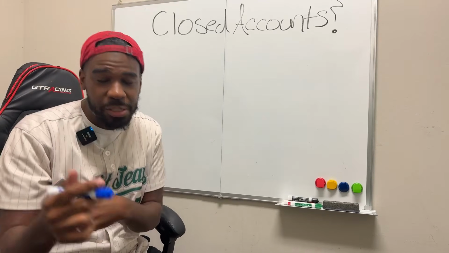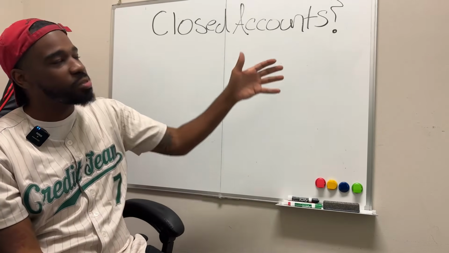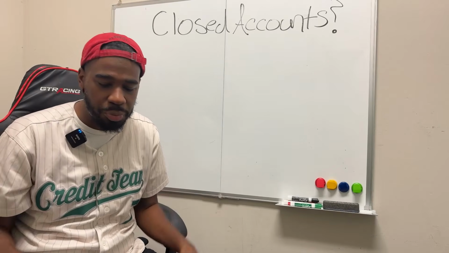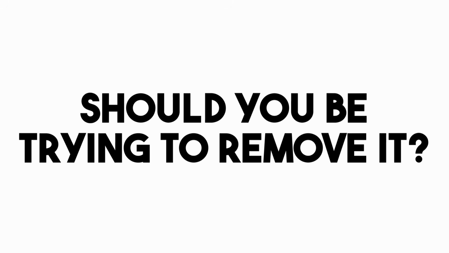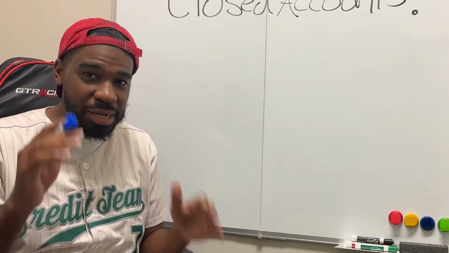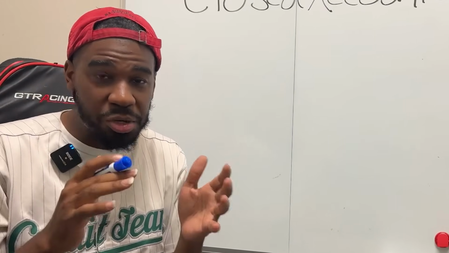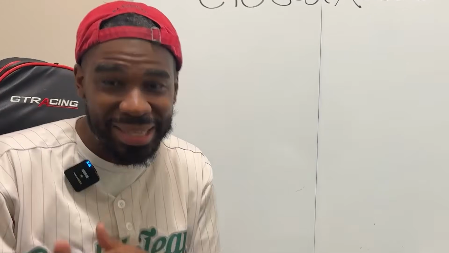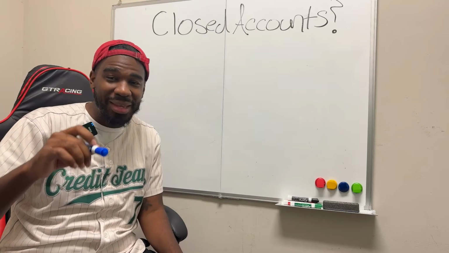So first things first, if you have closed accounts on your credit report, should you actually be trying to remove them? Based on what you have going on, there is a strategy and something you should be focusing on to get the account removed if it needs to be removed.